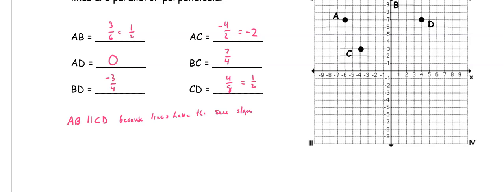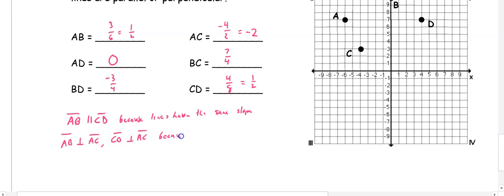So 1/2 and -2, and then 1/2 and -2. So AB is perpendicular to AC, and CD is also perpendicular to AC because the lines have slopes that are opposite reciprocals.